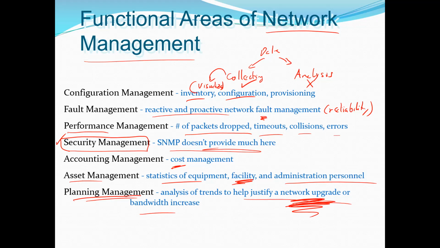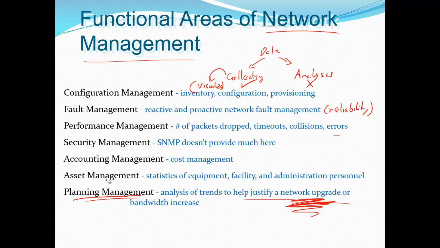You saw a week ago how we can create reports and everything. That's the same idea here. This does not have reports built in, but a lot of companies out there sell you, on top of SNMP, a set of reports that you can visualize.